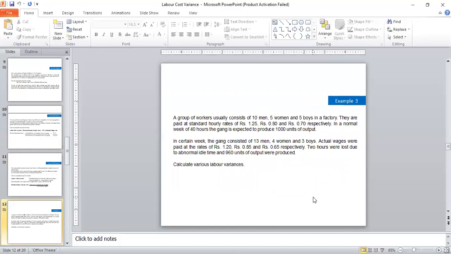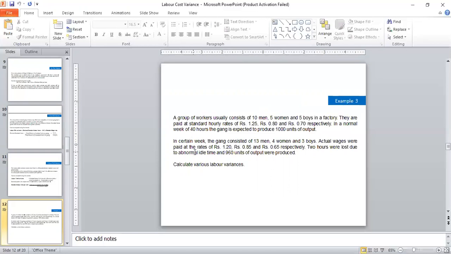Now we take the example. A group of workers usually consists of 10 men, 5 women and 5 boys in a factory. They are paid at standard hourly rates of rupees 1.25, rupees 0.80 and rupees 0.70 respectively. In a normal week of 40 hours, the gang is expected to produce 1000 units of output.